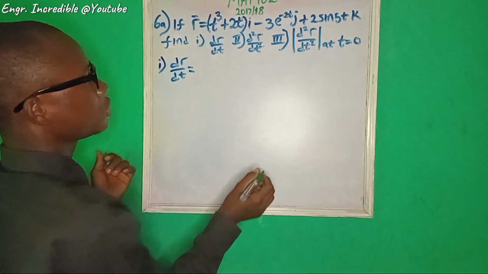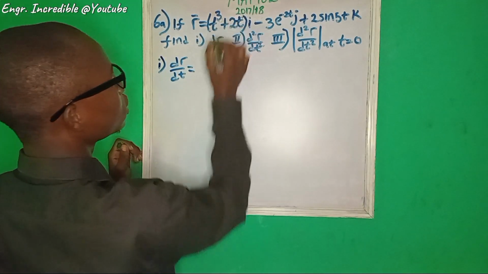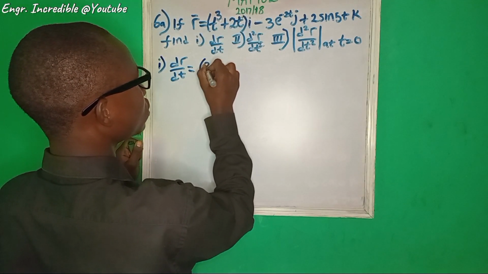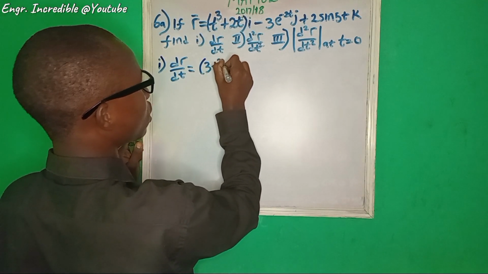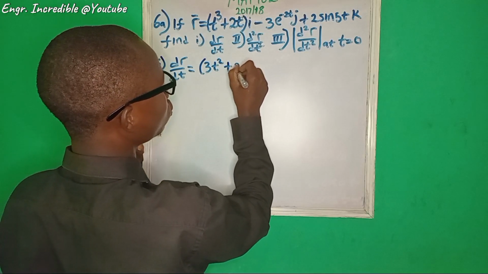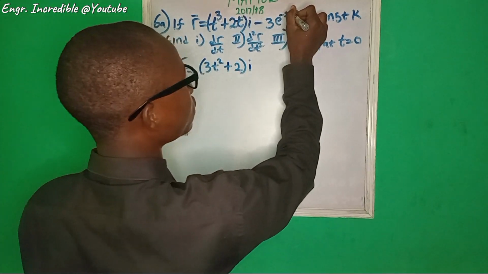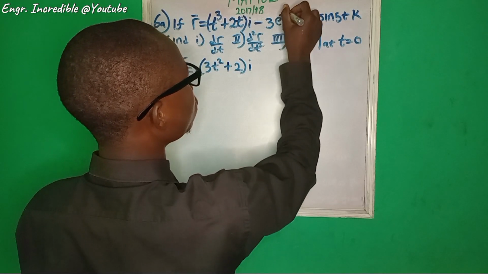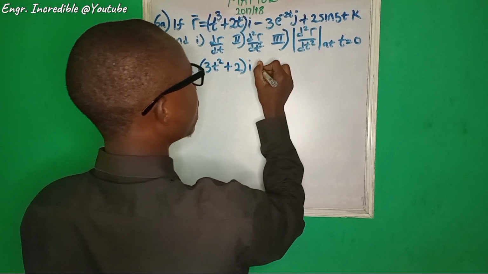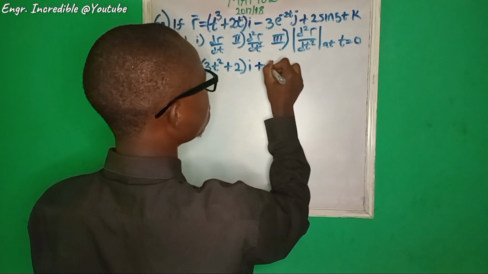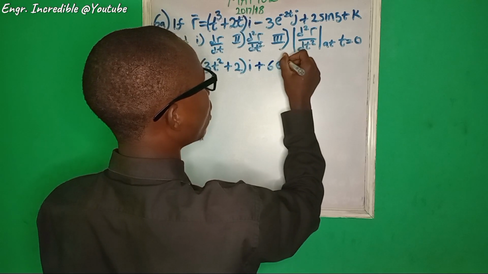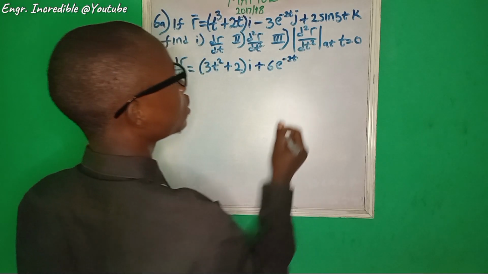Now dr/dt, differentiating this will be equal to 3t squared plus 2 raised to the power i. Then differentiating this, it is minus 2 times this, that is plus 6e raised to the power minus 2t.